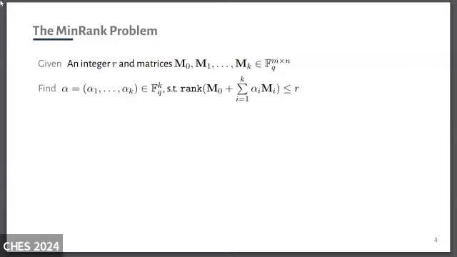And this linear combination is represented with a vector alpha from alpha 1 to alpha k. The cool thing about this problem is it's actually NP-hard, and it's been around in the cryptanalytic community for quite some time, over 20 years, where it's used for attacks against multivariate crypto and decoding in code-based crypto.